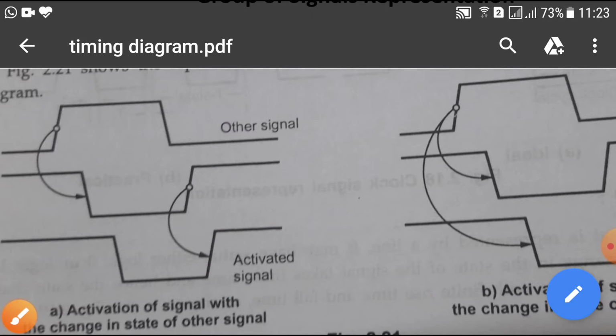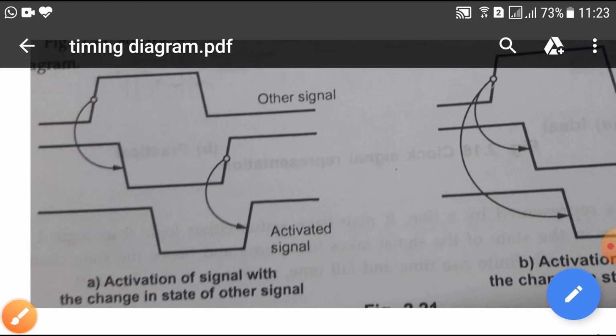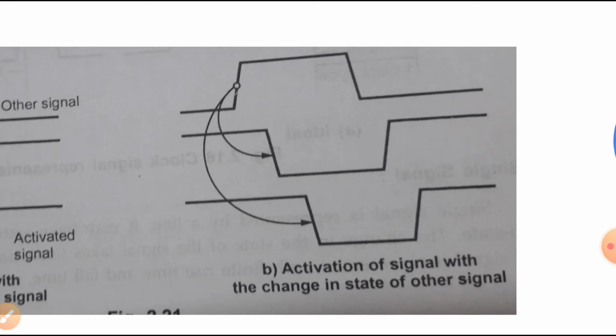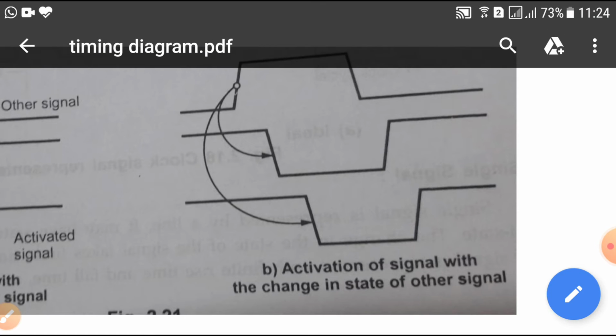What we try to find out is how the activation of the signal with the change of state of the other signal is done. This one is changing, so it is going to change this, and this is changing, so it is going to change this. The second one is the activation of the signal with the change in the state of other signals. In this case, this is going to make changes in two signals.